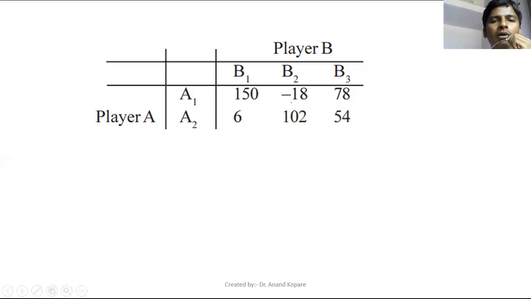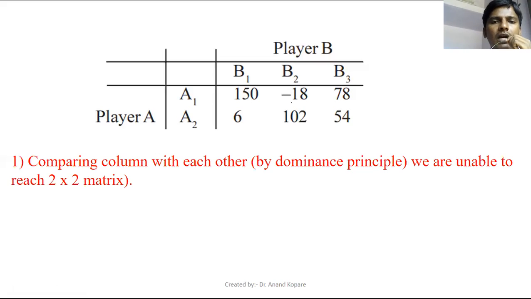So this problem belongs to mixed strategy. Whenever such a situation arises in game theory, when we cannot convert a matrix into a 2 by 2 matrix according to the principle of dominance, such a situation we call mixed strategy.